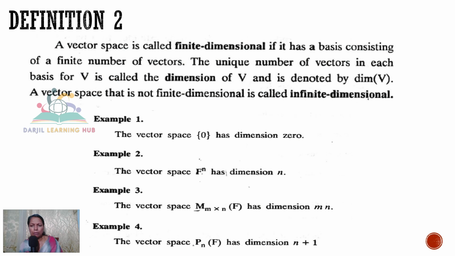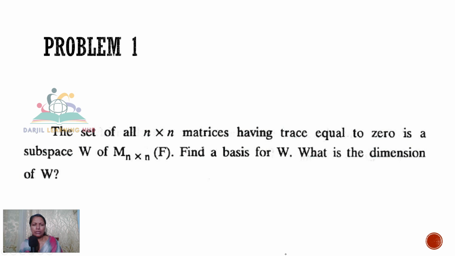The unique number of vectors in each basis. It is denoted by dim, the short word for dimension, D-I-M. So here the dimension is denoted by dim of V.